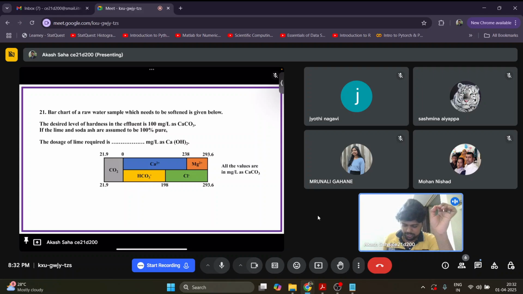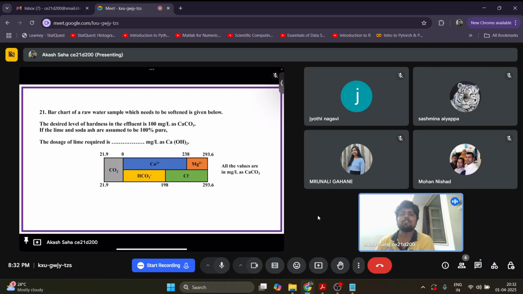Now you tell me, suppose 193.6 milligram per liter of hardness I have to remove. So what is the amount of lime we will need? We know that 193.6 milligram per liter of hardness has to be removed as CaCO3.